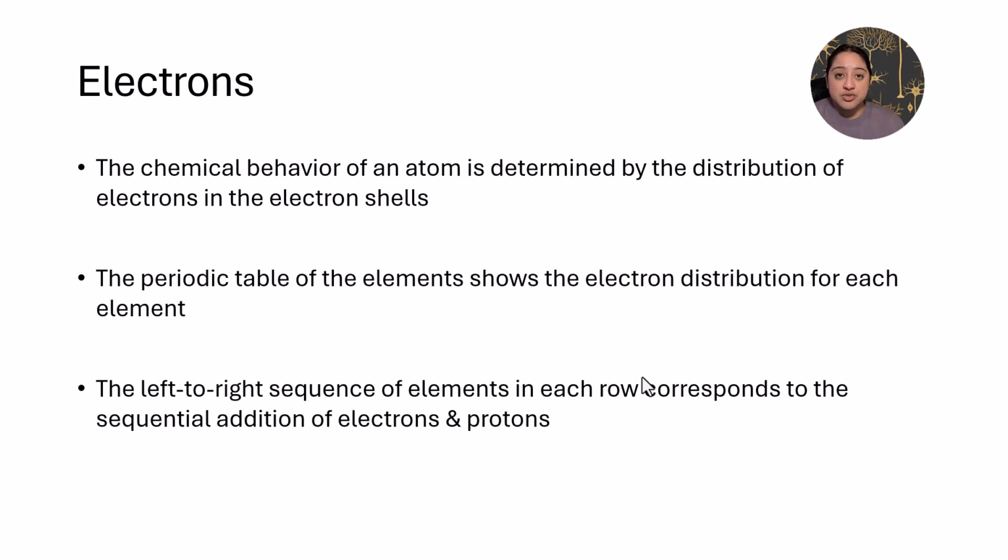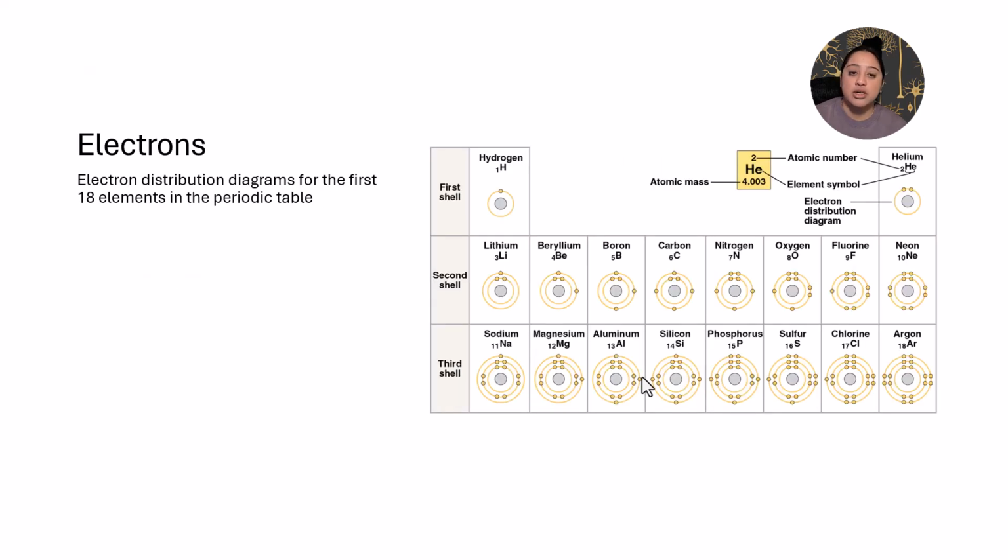So the left to right sequence of elements in each row corresponds to the sequential addition of electrons and protons. This will make more sense in a second. In the very top row of the periodic table, it corresponds to how there's only 2 electron spaces in that first shell. That first shell can hold up to 2 electrons.